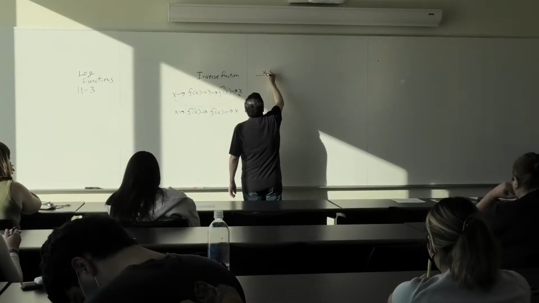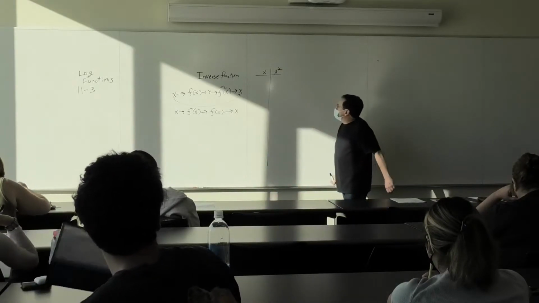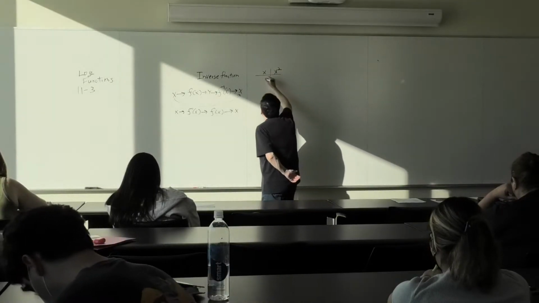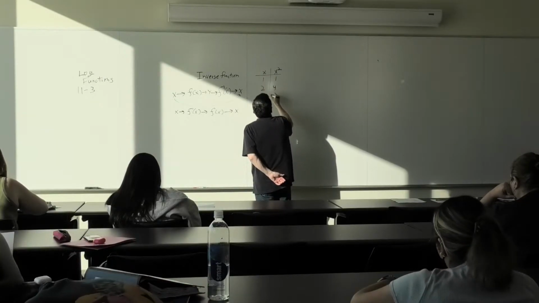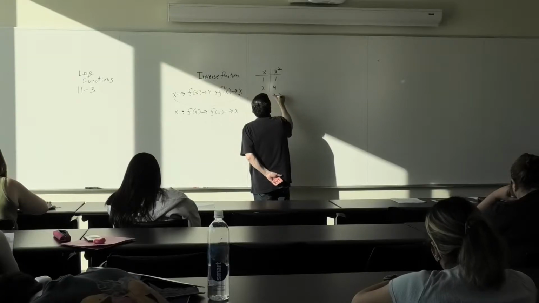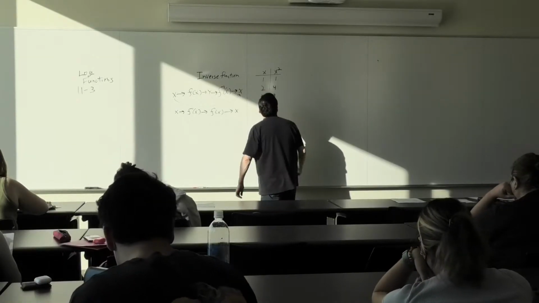So let's look at a particular, simple function: x and x squared. Let me put in a few members of the table. 1, 1; 2, 4; 3, 9; 4, 16; 5, 25. That's enough.